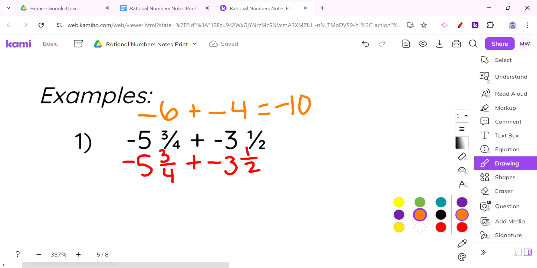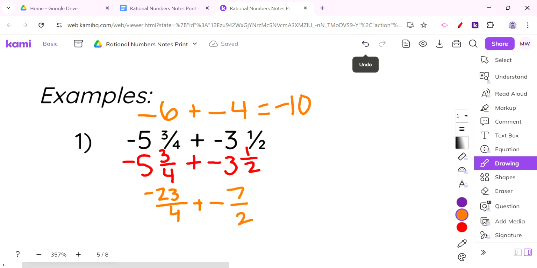So 5 times 4, right? That's how you do this. You multiply these guys and then you add these guys. All right, so first we want to do 4 times 5 and we get 20. And then you add 3 and you get -23. So we have here -23 over 4 plus -2 times 3 is 6 plus 1 is 7. So now we have plus -7/2.